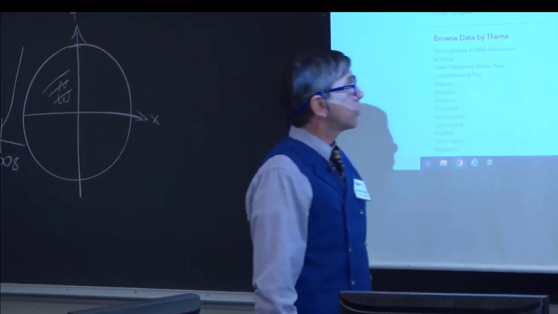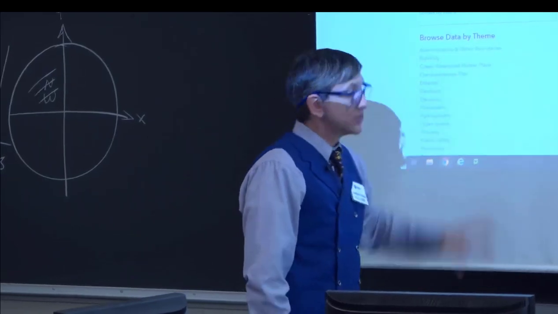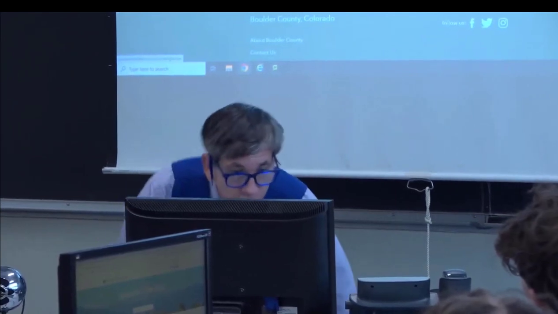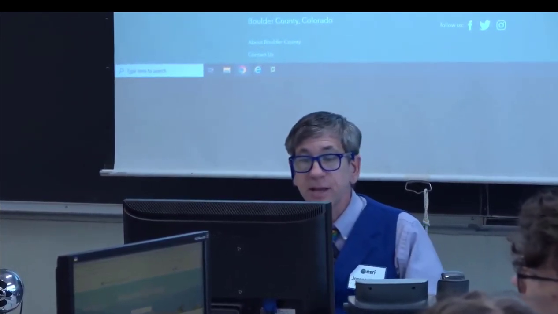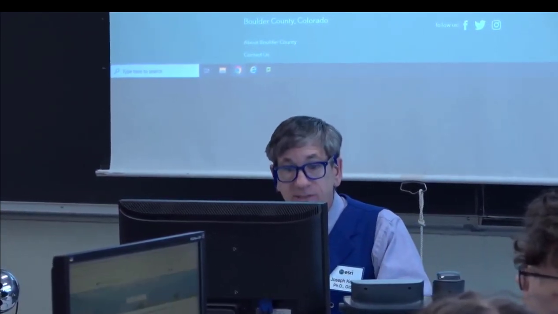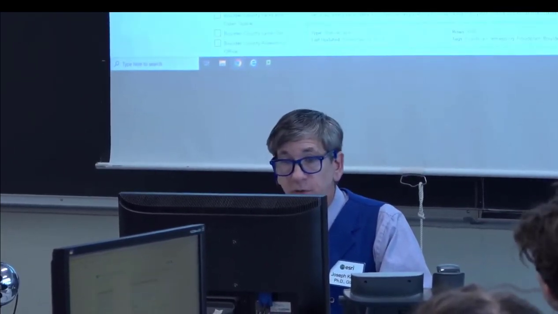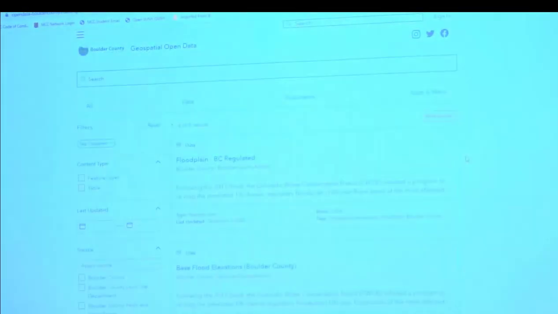So, okay, we have some open data information for this particular county. It doesn't have to be Boulder County, but it certainly is a good example of some data. So if I go to any of these themes on the left side, you will see this kind of thing. Kind of looks familiar, right?